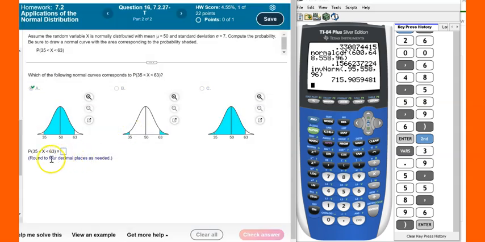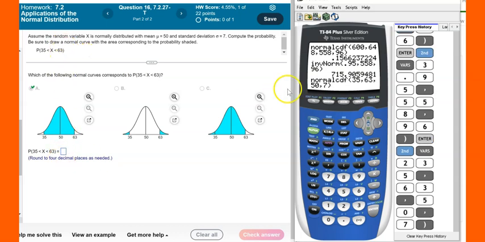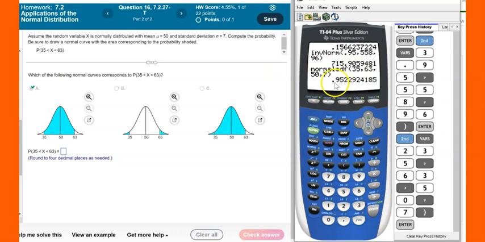To find it, remember that we use normal CDF with 35 as the lower bound, 63 as the upper bound, mean 50, standard deviation 7. I'll put it in the calculator and we'll be back. Okay, here I put 35 as the lower bound, 63 as the upper bound, mean as 50, standard deviation 7 in the normal CDF, and I press enter.